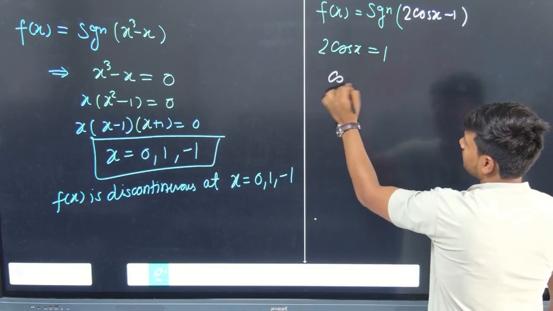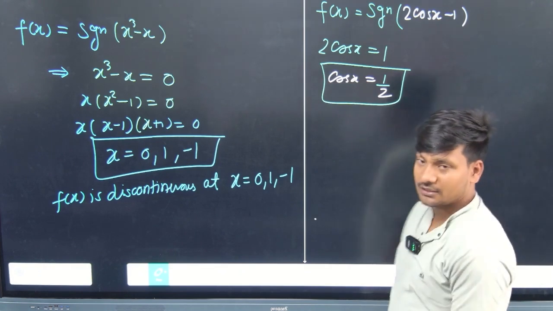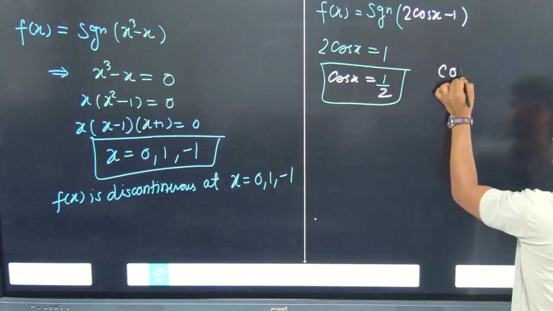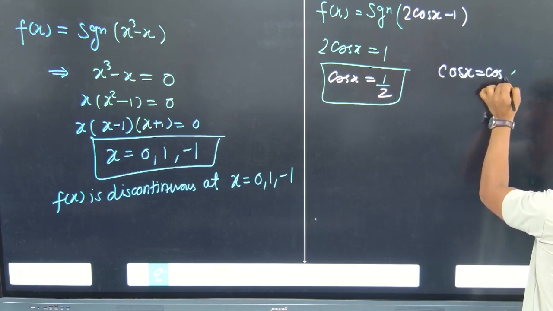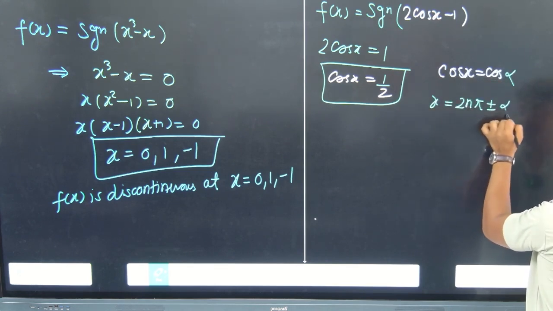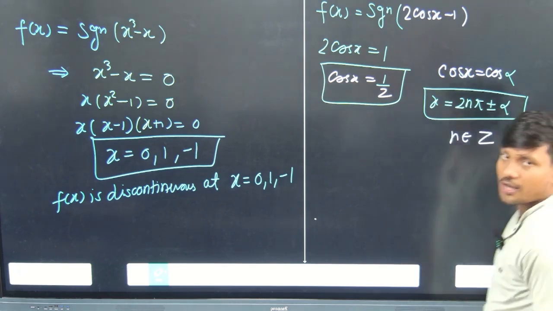So now here cos x equal to 1 by 2, and we want the general solution of this equation. This is of the form cos x equals cos alpha, where the solution is x equal to 2n pi plus minus alpha, n is an integer.